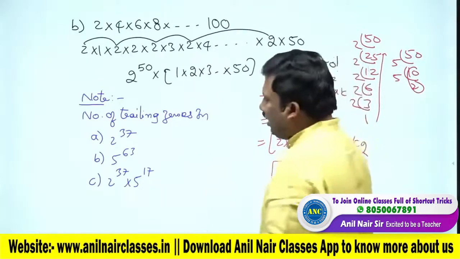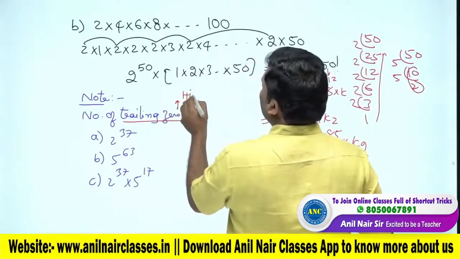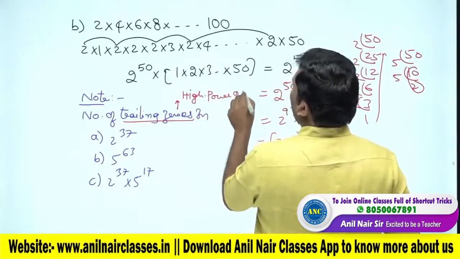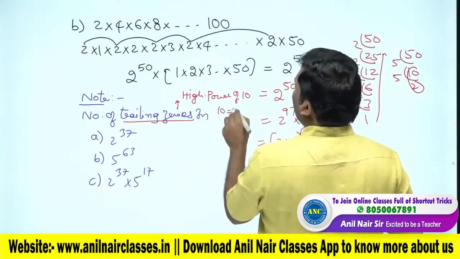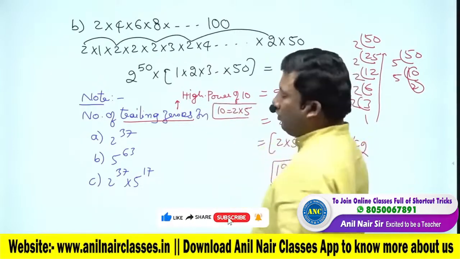Number of trailing zeros is the number of zeros at the end. The number of zeros at the end is the highest power of 10. 10 means I need a combination of 2 and 5.